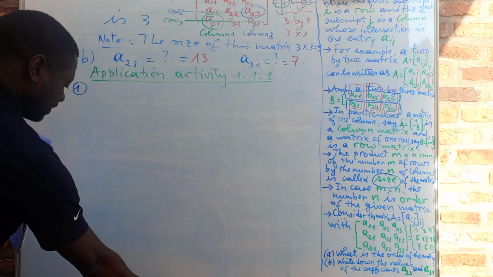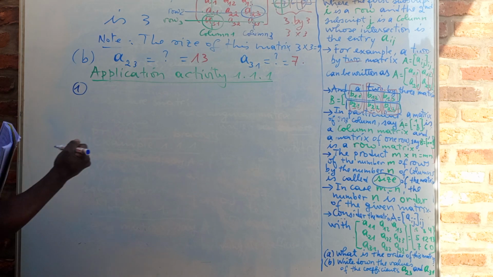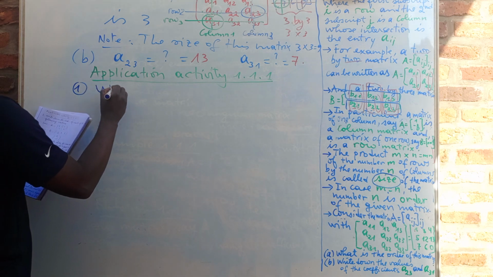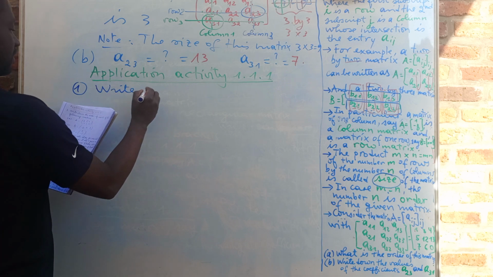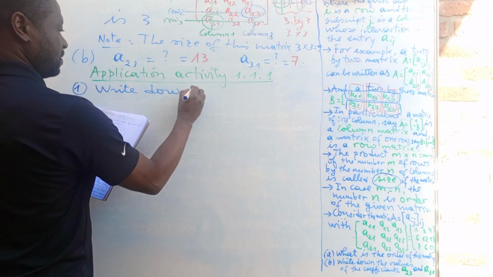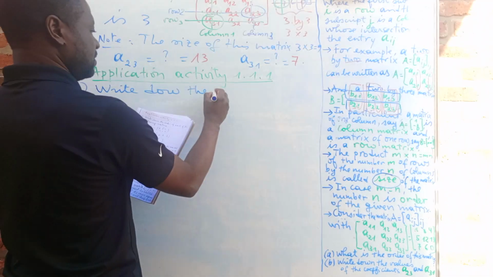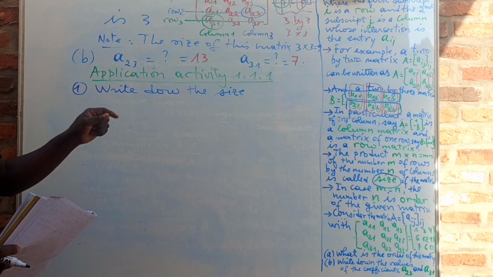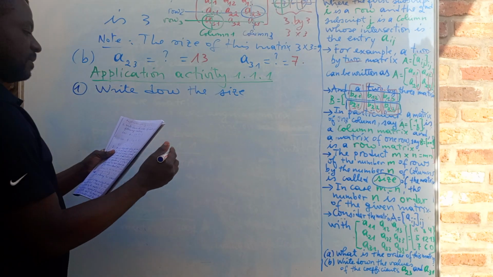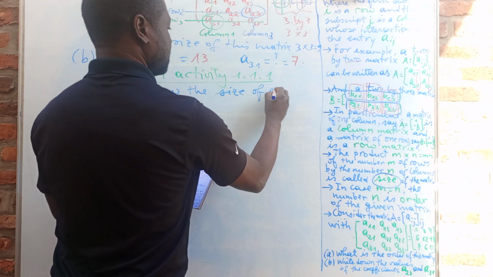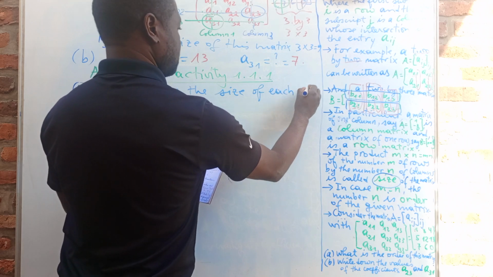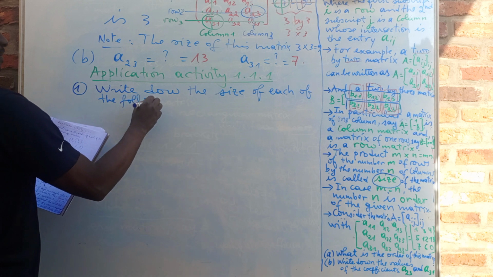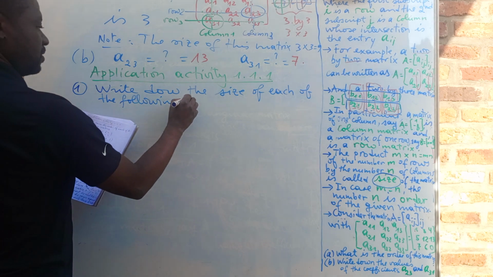The activity is telling us to write down the order or size. Size is more general than order, of each of the following matrices.